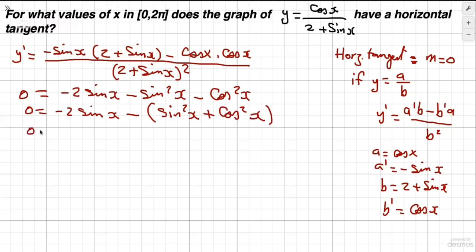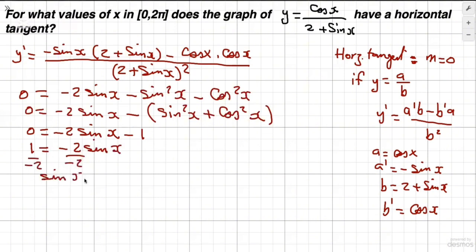So now I can rewrite this as 0 equals negative 2 sine x minus 1. Now we have to solve this for sine x. So I'm going to move the negative 1 to the other side. So that's 1 equals negative 2 sine x. And then divide both sides by negative 2. And therefore sine x equals negative 1/2.